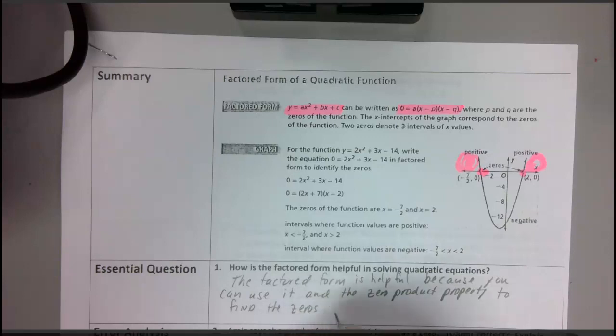Remember, the zeros are where it intersects the x-axis. Find the zeros of quadratic equations.